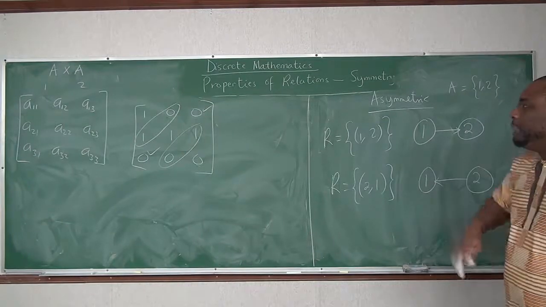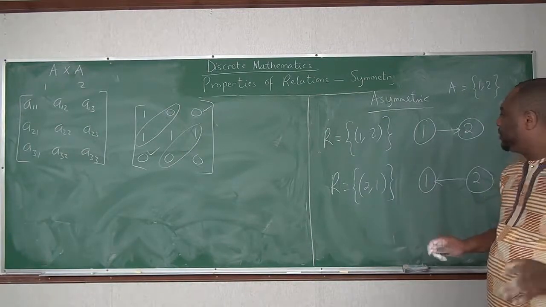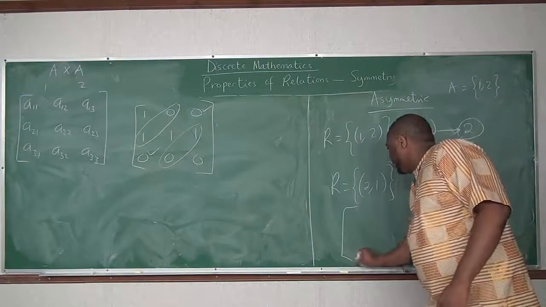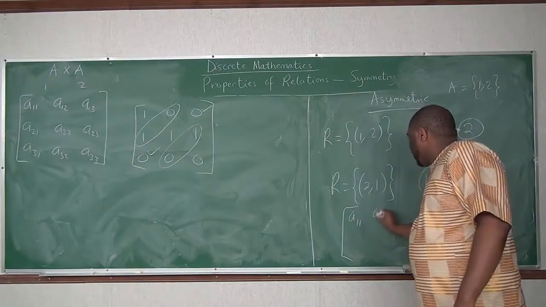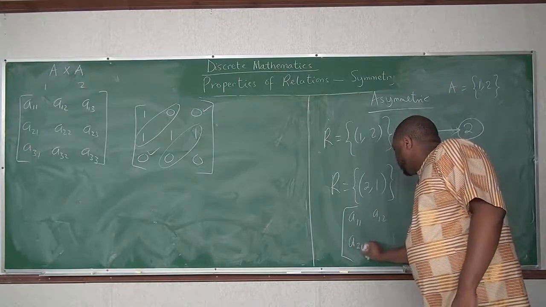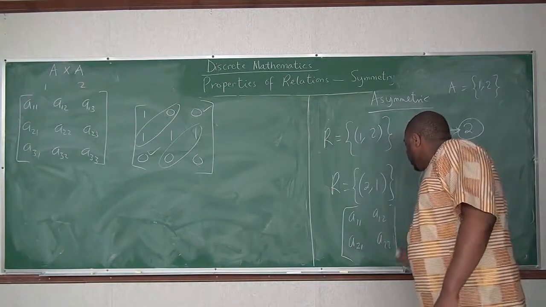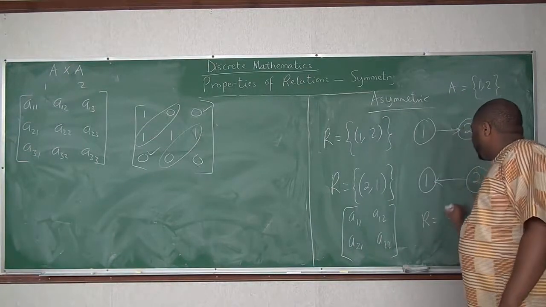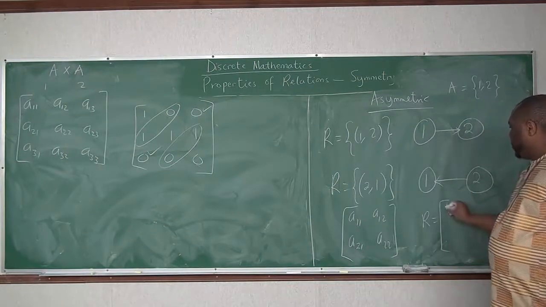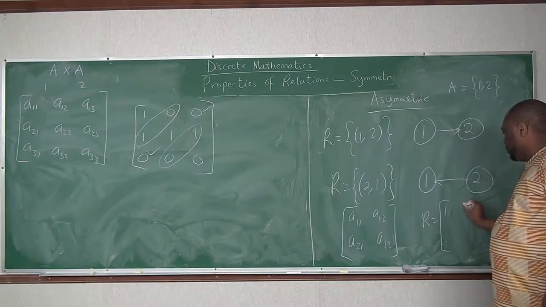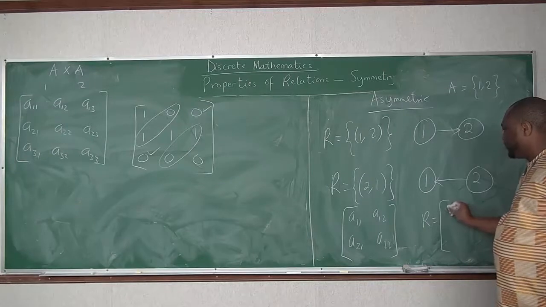Okay? So with matrices, the same thing with matrices. If you have, let's say, A11, A12, A21, A22, so the relation should be something like this. Sorry, you can't have 1, 1, I'm sorry.